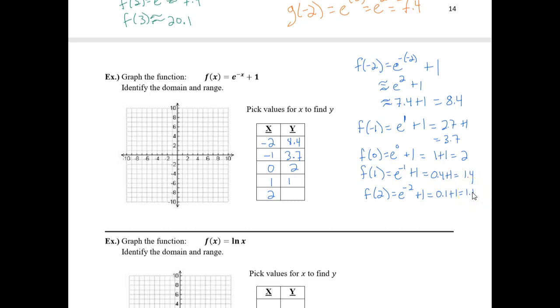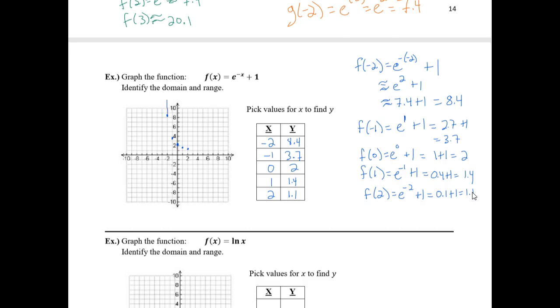So let's graph these. I had -2, 8.4, and -1, 3.7, 0, 2, 1, 1.4, and 2, 1.1.